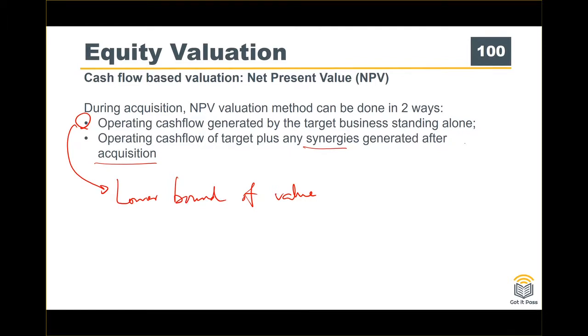And here is the upper bound. So you have the lower bound and the upper bound value of a company that you would like to acquire. Then you can make your offer.